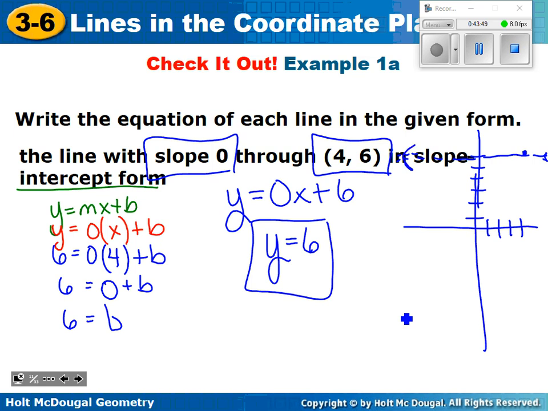It's always going to be y equals the y coordinate. If this had said a slope that was undefined, what would have been the equation? X equals what? 4. Because that means now it's vertical going through 4, 6. So the x value is 4. Does that make sense?